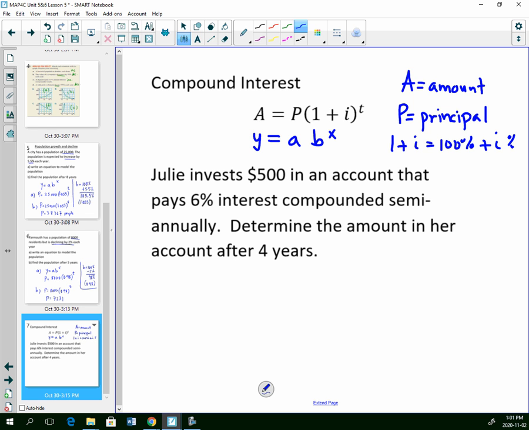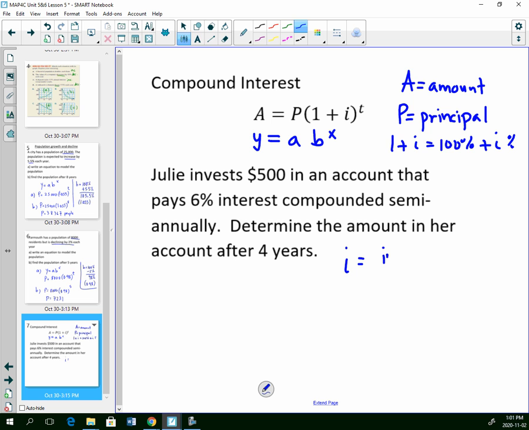Okay, so that's what that 1 is representing, 100% plus the interest rate. The only thing you have to remember with compound interest is the i needs to be divided by the number of compounding periods. Right, that is important to remember that. So we'll look at that in just a second.